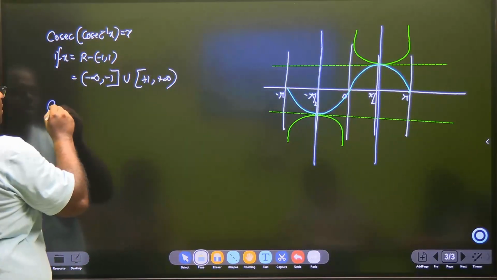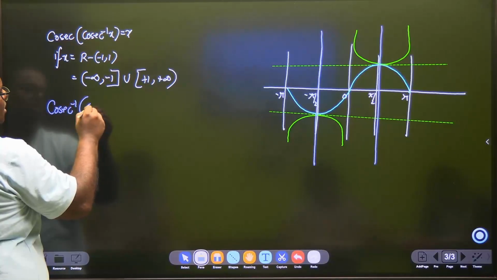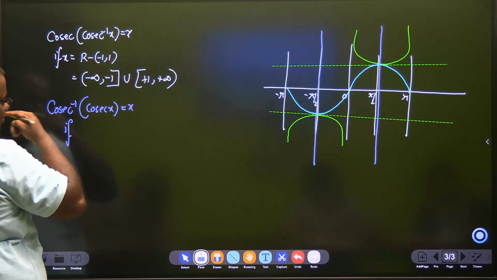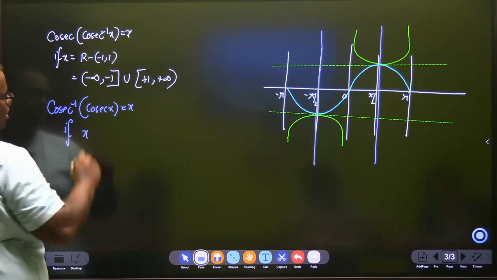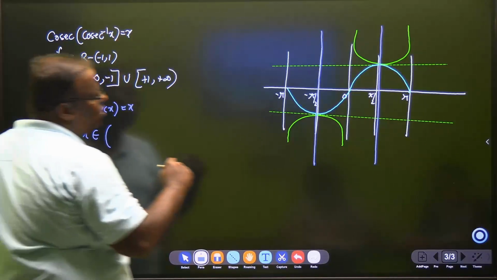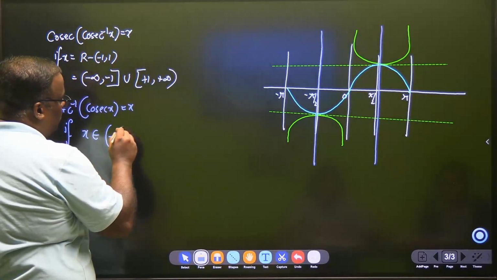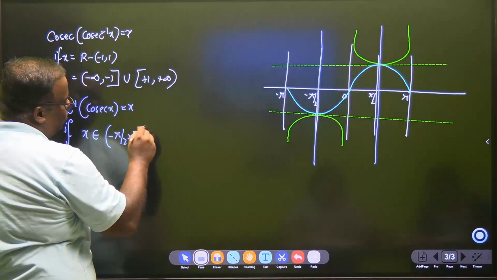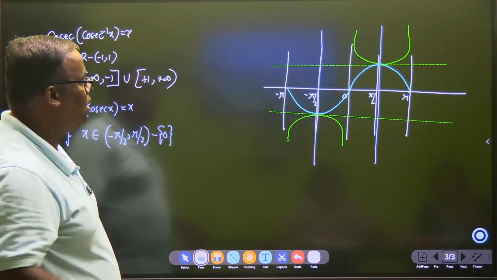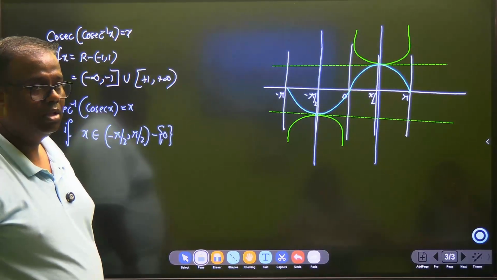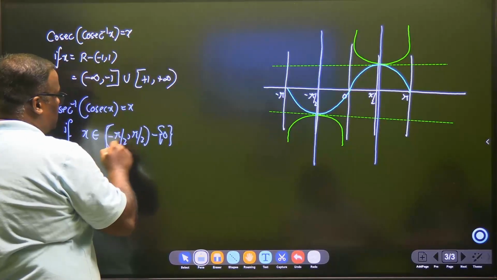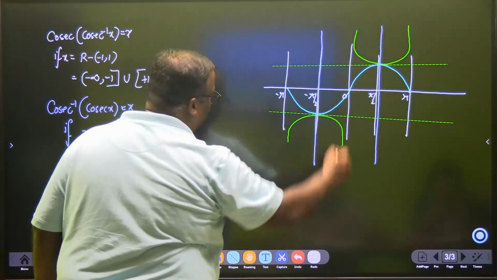So we write cosec inverse cosec x is equal to x if x belongs to the interval negative pi by 2 to pi by 2 minus 0, with a square bracket. Sorry, I missed it. Yeah, square bracket. You can give this value. Sorry, very sorry.